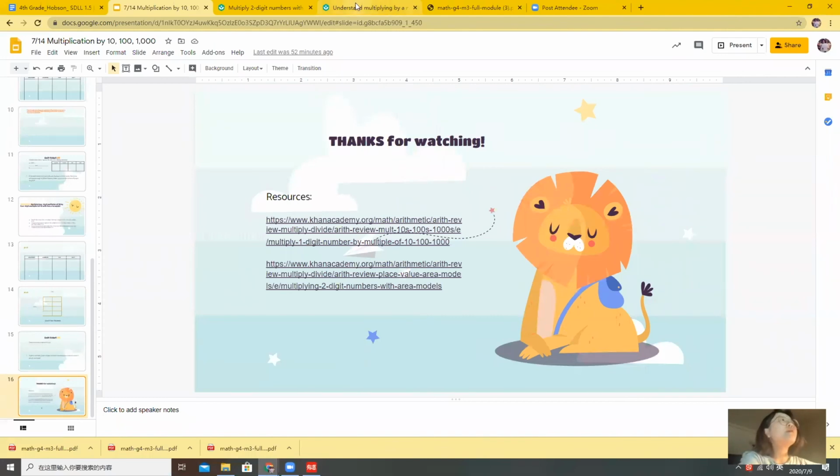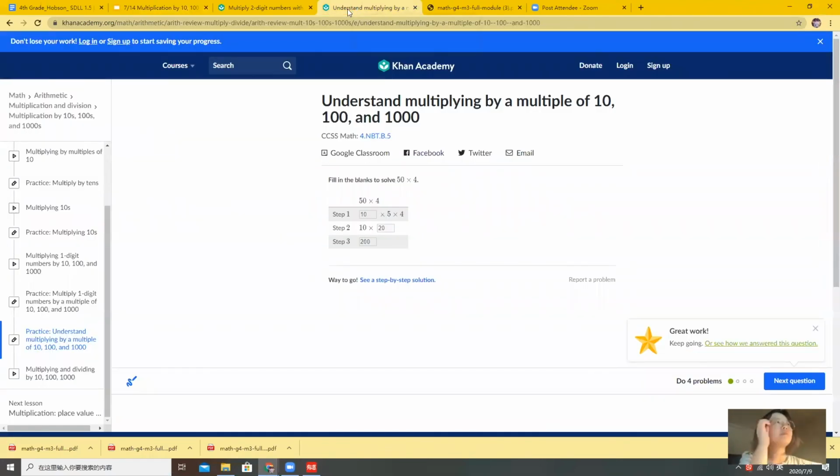Both of them are from Khan Academy. This one is for you to understand multiplying by a multiple of 10, 100, and 1,000. For example, right here we have 50 times 4. Which number should I put inside this box to make the first step the same as 50 times 4?